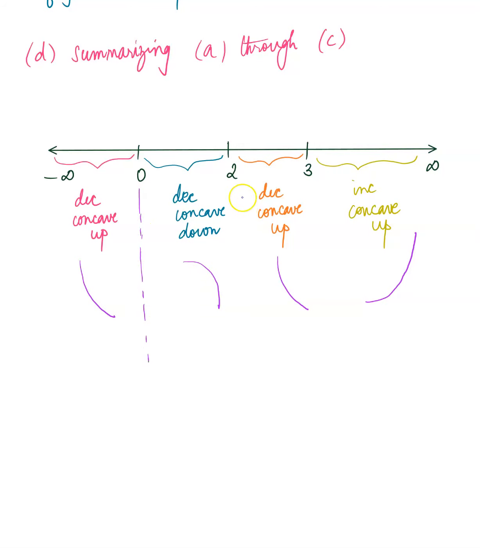And what we also see is at 0, 2, and 3, that's where it breaks up. Because the concavity changes here and because your second derivative is 0, we have a point of inflection.